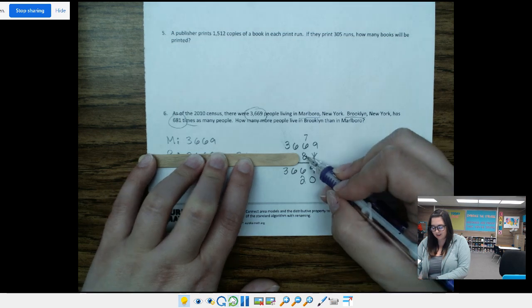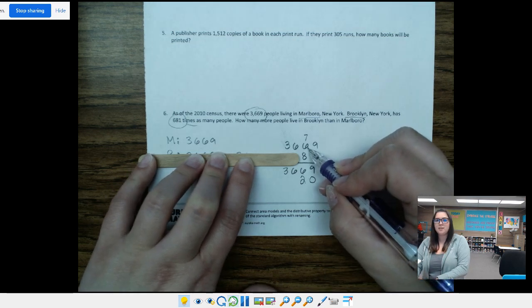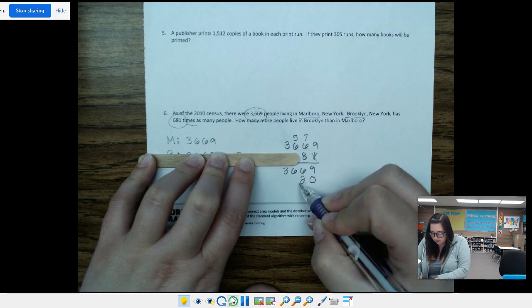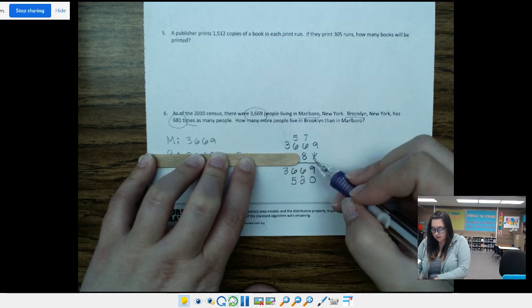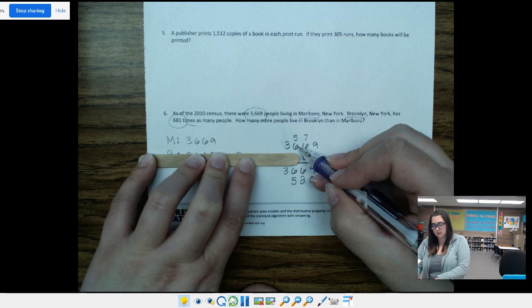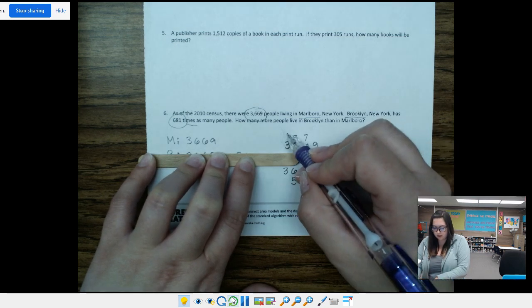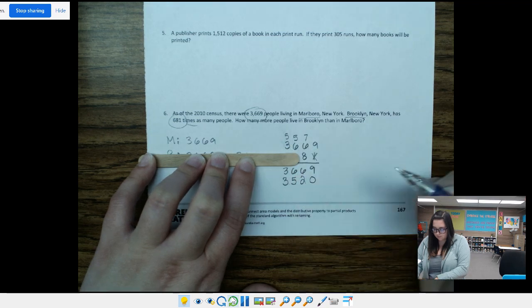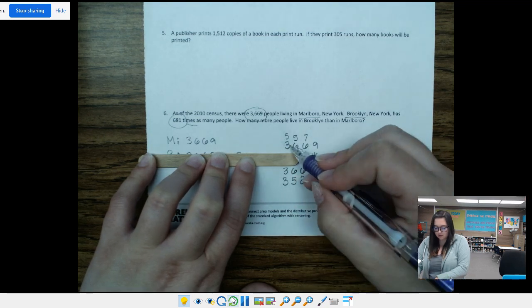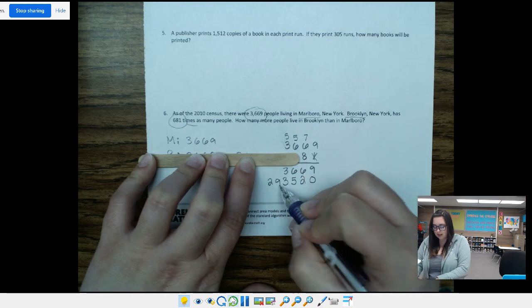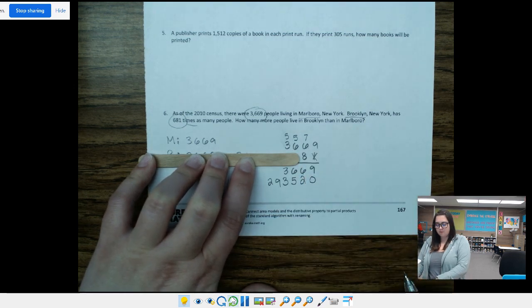Sorry, let me double check that. 8 times 6 is 48, plus the 2 would be 50, plus 5 more, 55. 8 times 6 is 48 again, plus 5 would be 53. 8 times 3 is 24, plus 5 is 29. Okay?